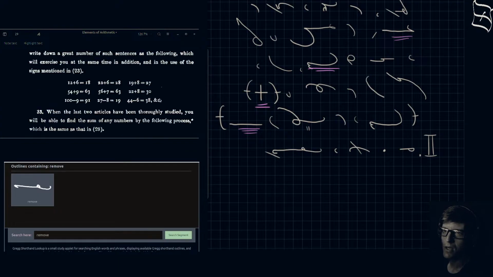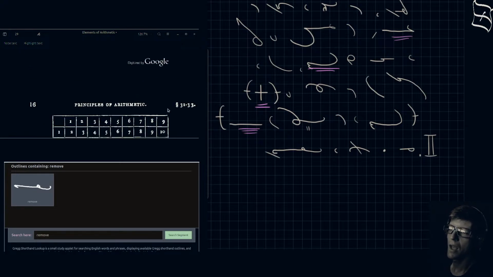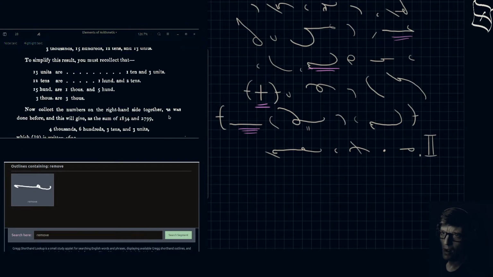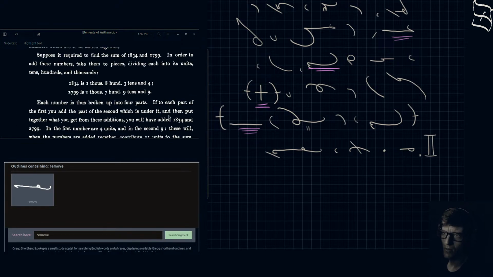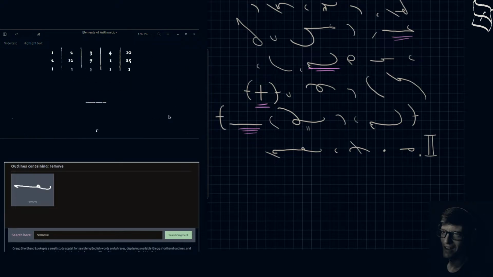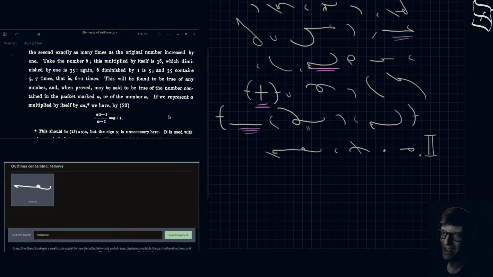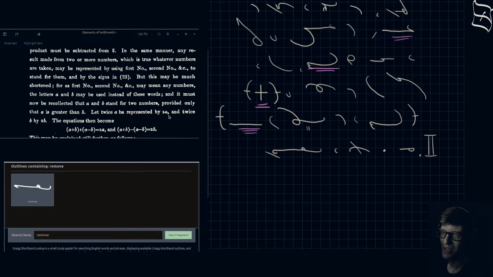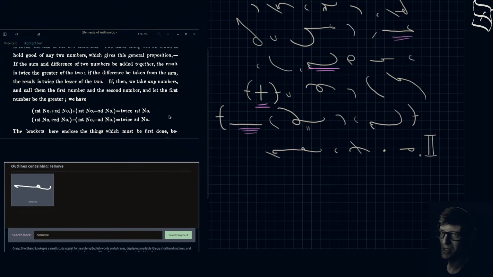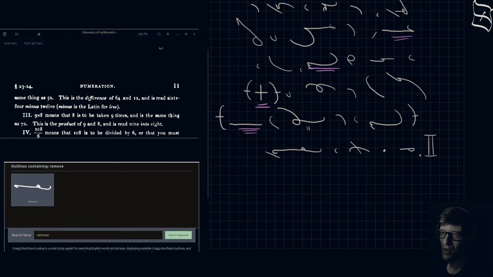Page 17, we've already gone over that. He has the tables to show how to do it. Wow. I'm going to like the rest of De Morgan for sure, because he's digging into the ideas of arithmetic really well. I love it. Okay.